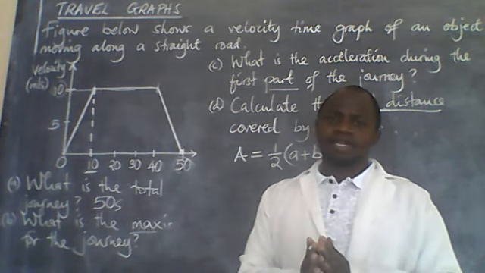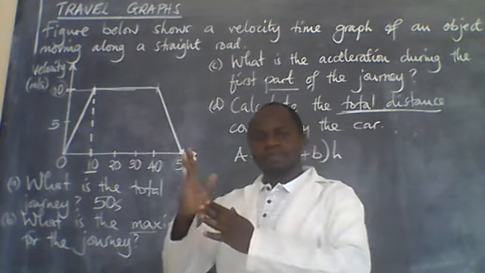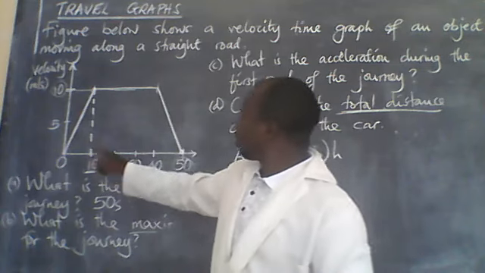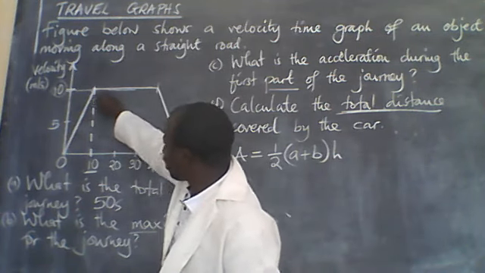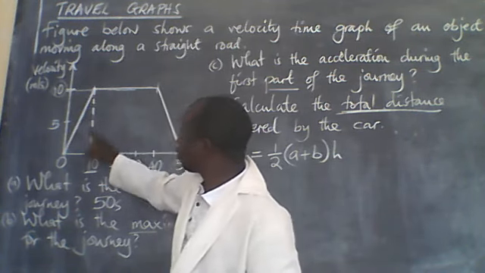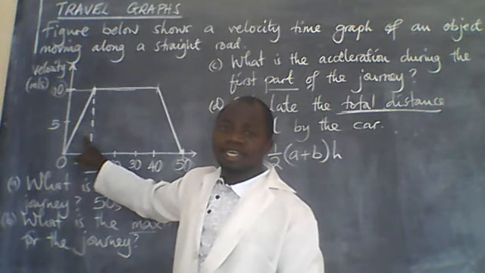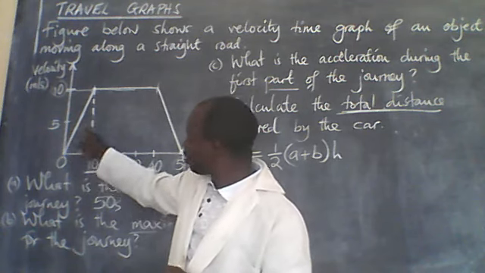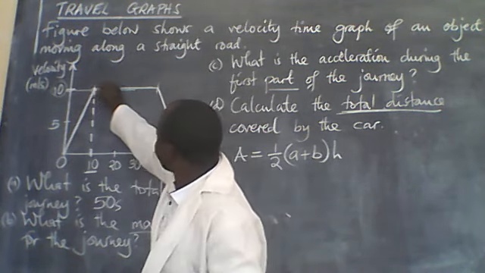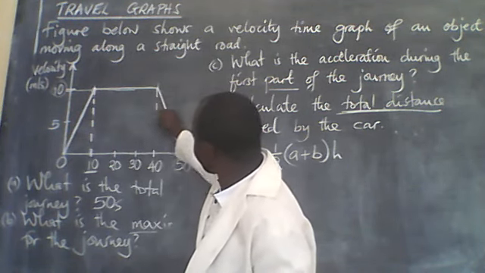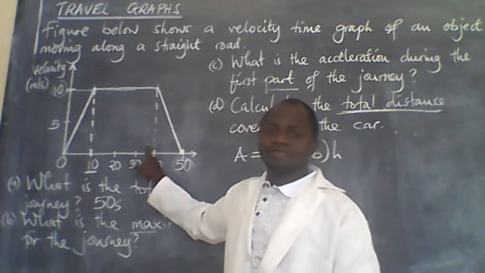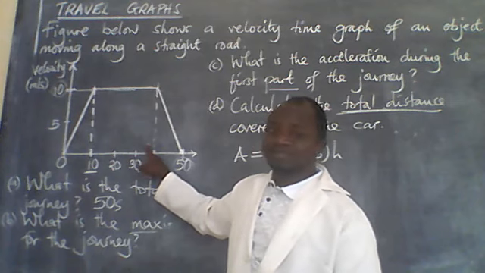What do I mean by that? You'll be cutting the shape and then you add everything at the end. Look at this. The first part here, what is this shape? This is a triangle. So you're going to write the area of this triangle. Then the next shape I can see here looks like a rectangle.